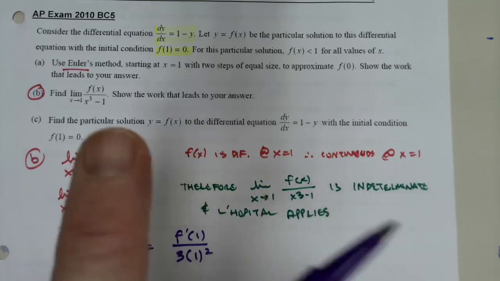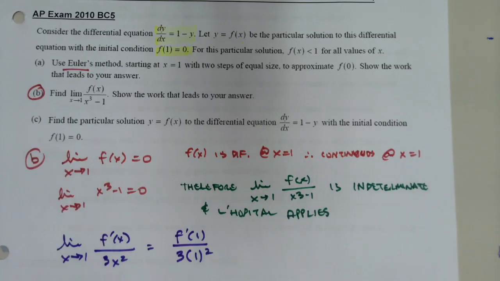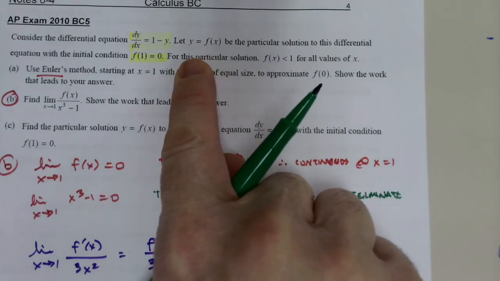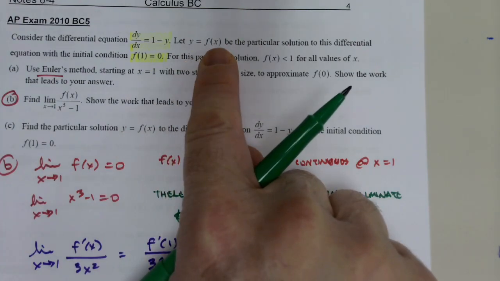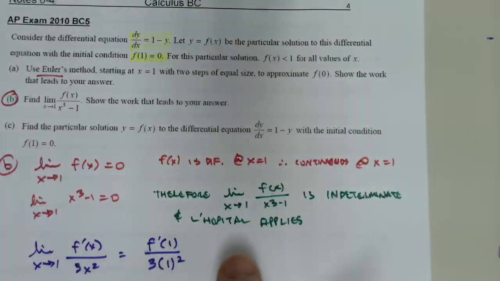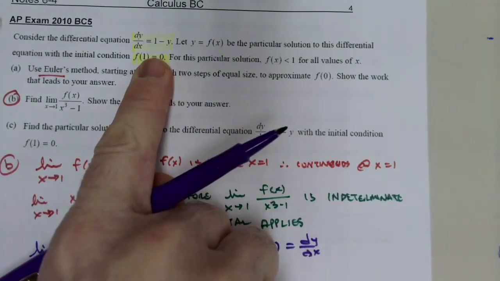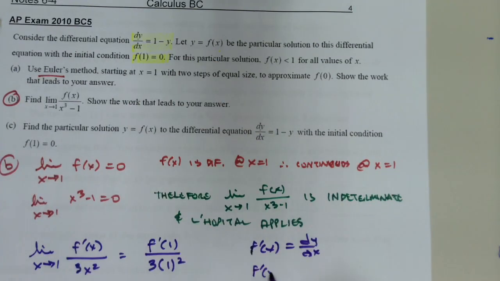Okay? We do need to go back up here and look at this in order to evaluate this, to find out what in the world is f prime of 1. Okay? So let's go back up here. We know that y equals f of x, so if we are evaluating f prime of x, that's just got to equal dy dx, this guy up here. So f prime of x would be 1 minus y.